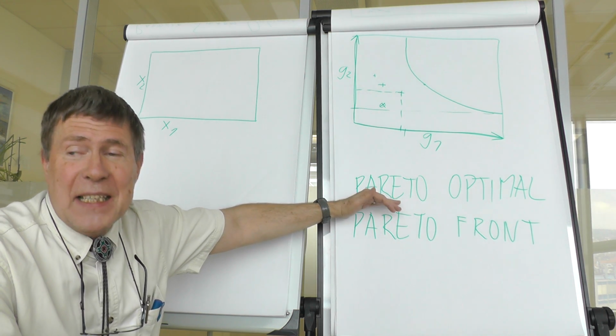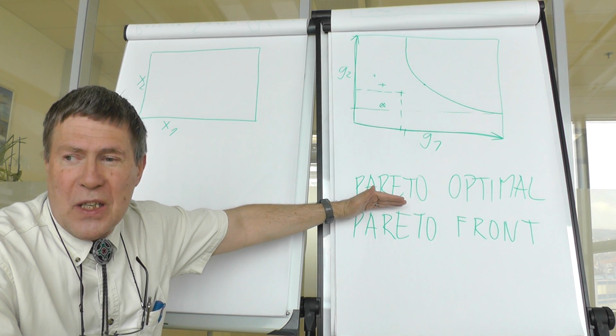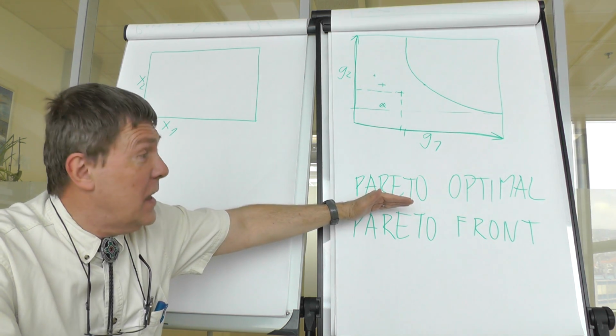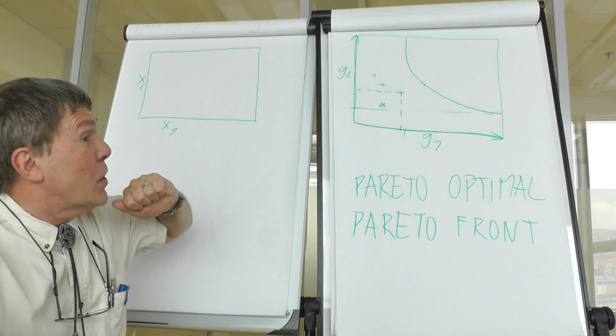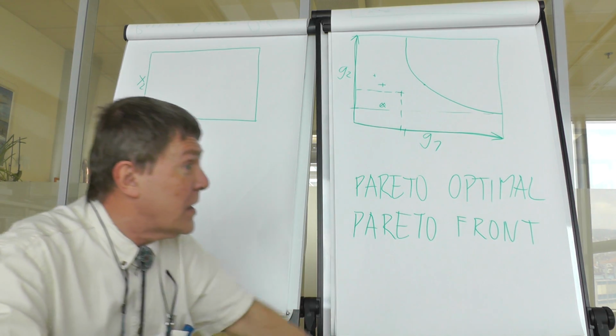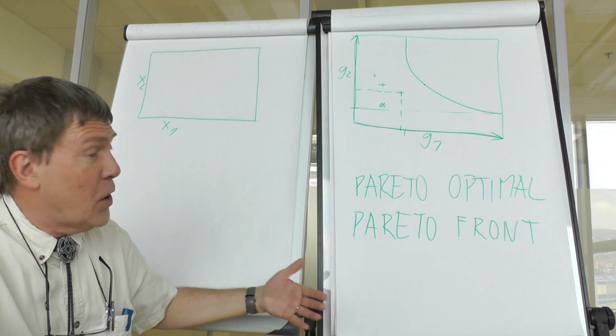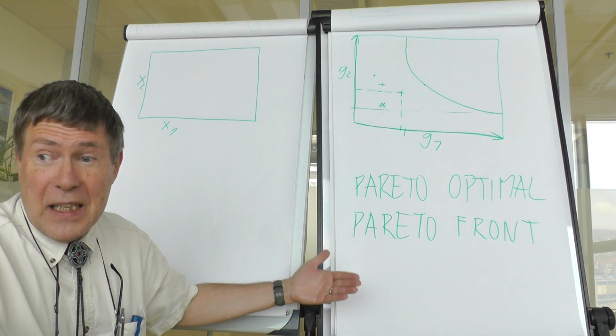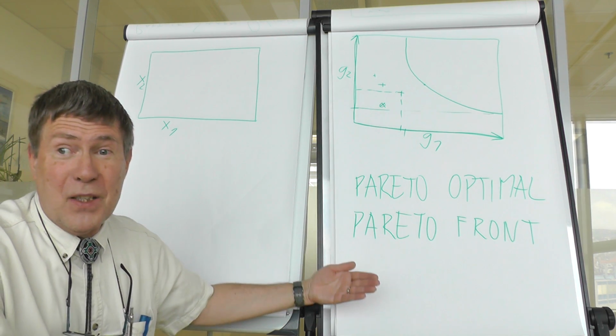There mostly is a number of Pareto optimal solutions, and you can make trade-offs between those solutions. In order to get this trade-off, you should know a Pareto front. A Pareto front consists of all solutions that are not dominated by other solutions.